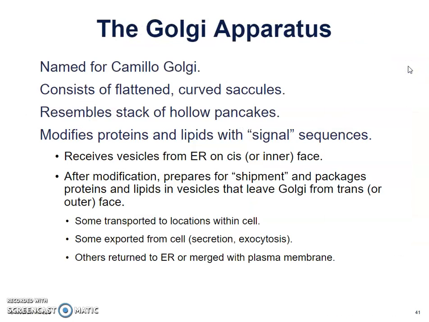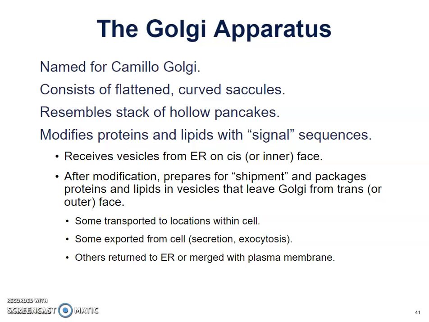The Golgi apparatus, named for Camillo Golgi, consists of flattened, curved saccules that look kind of like pancakes, but they're hollow. It takes things from the ER and modifies them. So it gets them from the endoplasmic reticulum on the cis, or the inner face. It takes those materials, modifies them, and prepares them to be shipped out on the trans, or the outer face of the organelle.